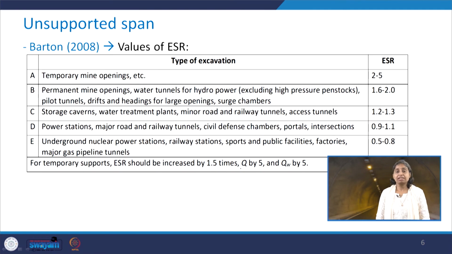As I mentioned, the value of this excavation support ratio has been recommended for various types of excavation. So, the first column suggests the type of excavation, and the last column gives you the range of ESR value. If we take the temporary mine opening and similar types of excavation, in that case ESR will be varying between 2 to 5.